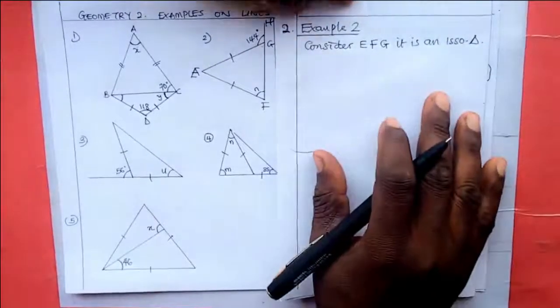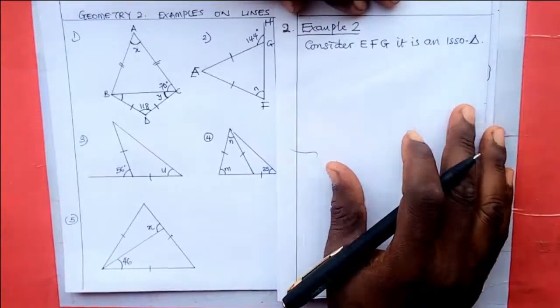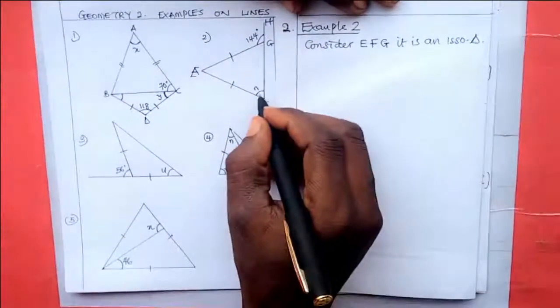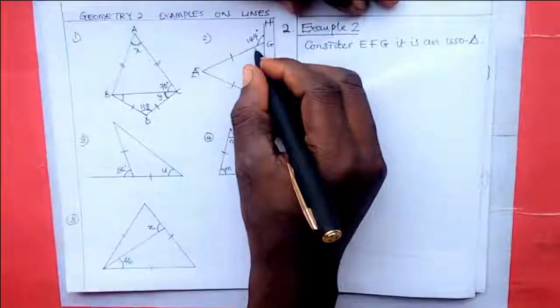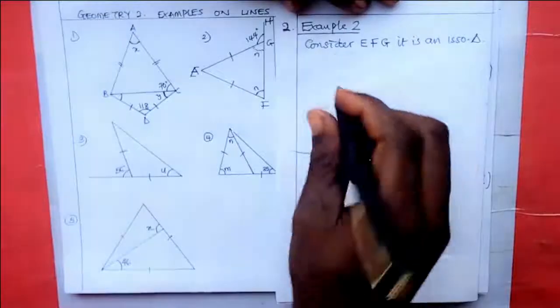So if it is an isosceles triangle, remember the theorem, the two sides are equal, which you have seen by this notation. Two base angles are equal, so this angle must be equal to this angle, so this must also be n.